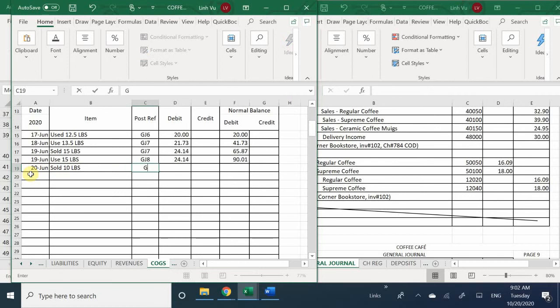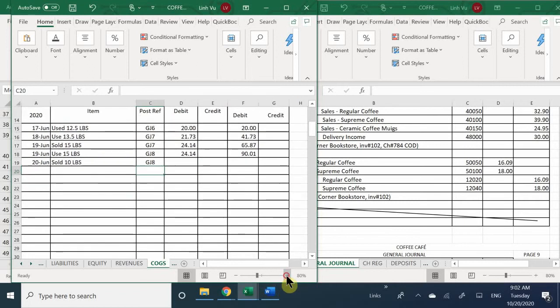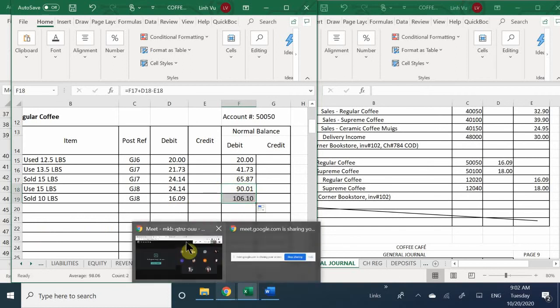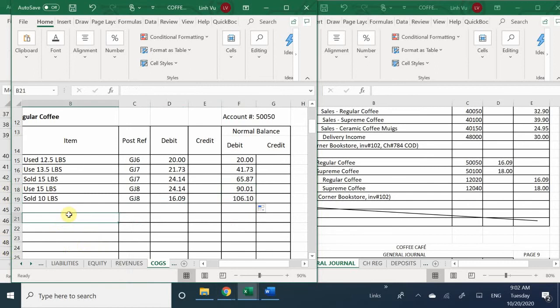Okay, and my general journal is number 8. For how much? 1609. Bringing me my grand total to be 106.10. Good.